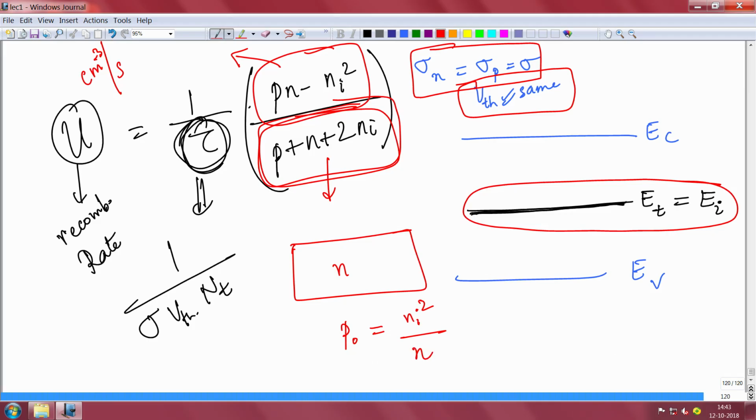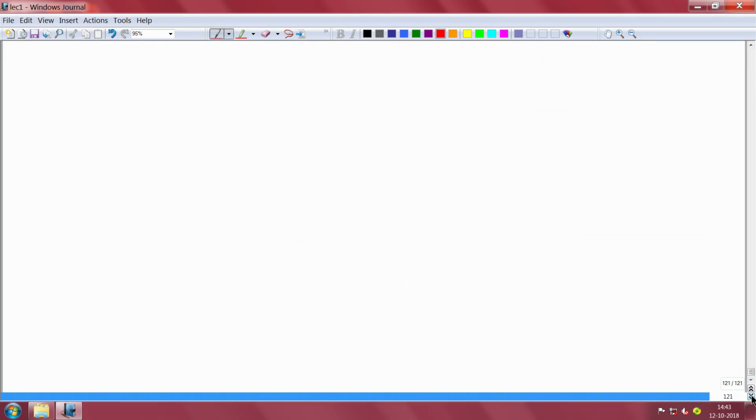Now I am going to shine light and generate some excess carriers, and I am going to understand how the recombination rate depends on that. So look at U here: 1 by tau into (pn minus Ni square) by (p plus n plus 2 Ni).